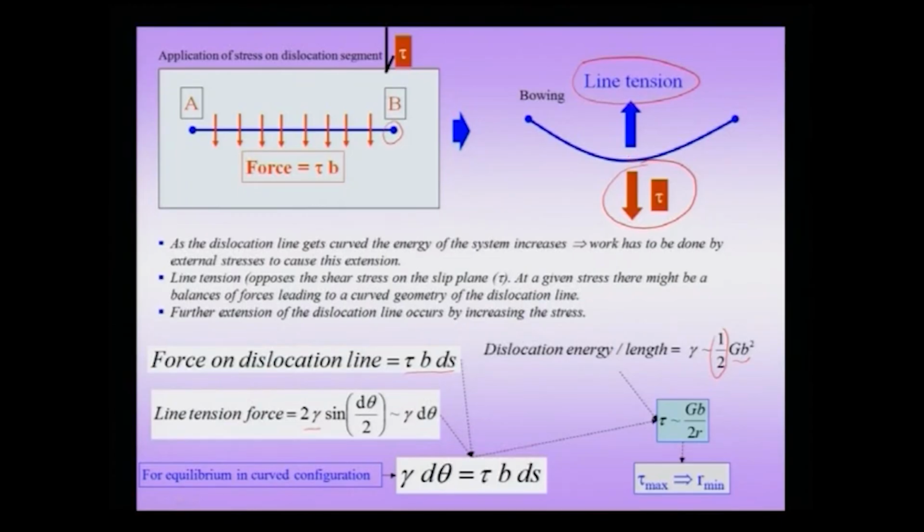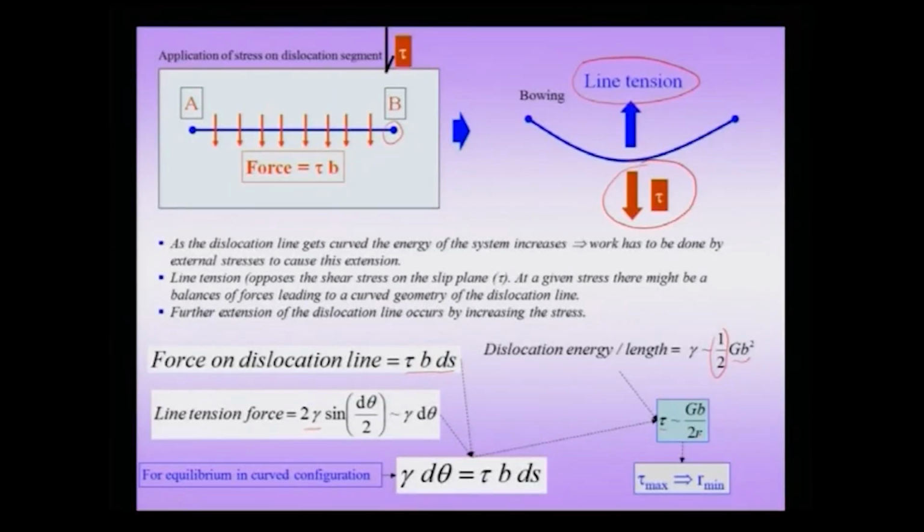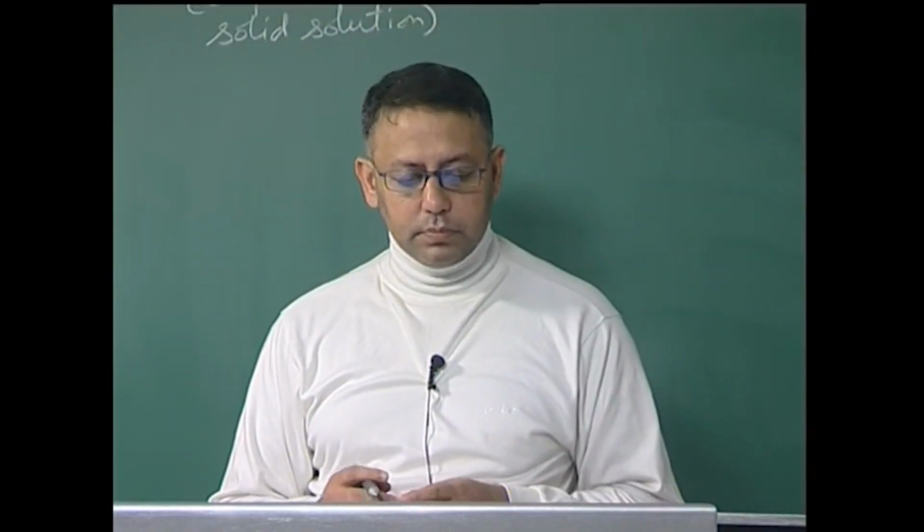For equilibrium in a curved configuration, we need gamma d theta equal to tau b ds, which gives us, by putting all these equations together, the formula we used in finding the strengthening effect of the precipitates, tau equals 2 Gb by 2 R. Obviously, when R is the minimum, you get the maximum tau, and let us see when you actually have the maximum in the shear stress which needs to be applied.